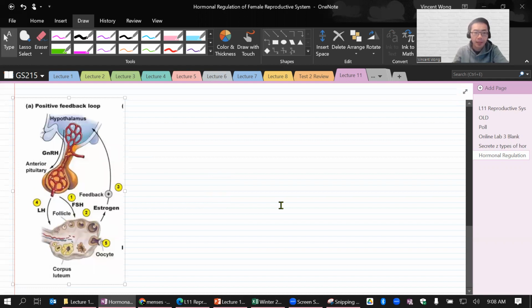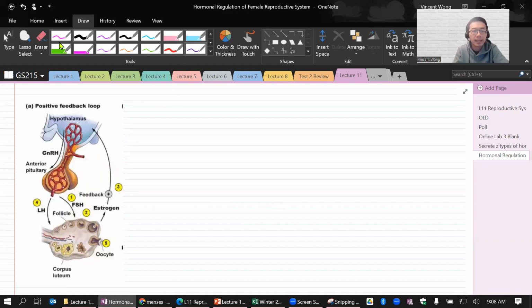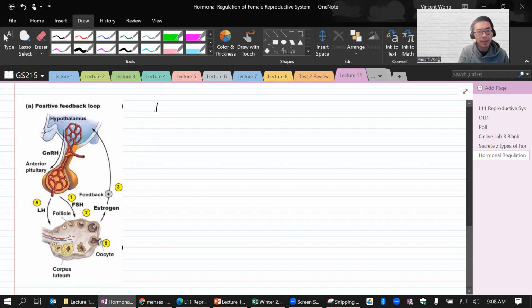At the beginning, what marks the beginning of the next cycle? That would be the menses, the menstruation, basically. So I'm going to put here menses. Menses marks the beginning of a cycle.